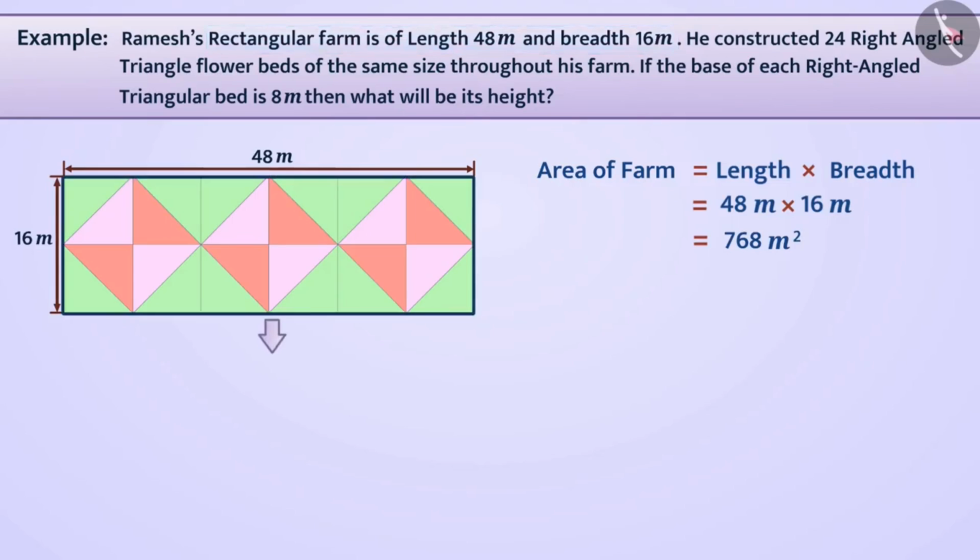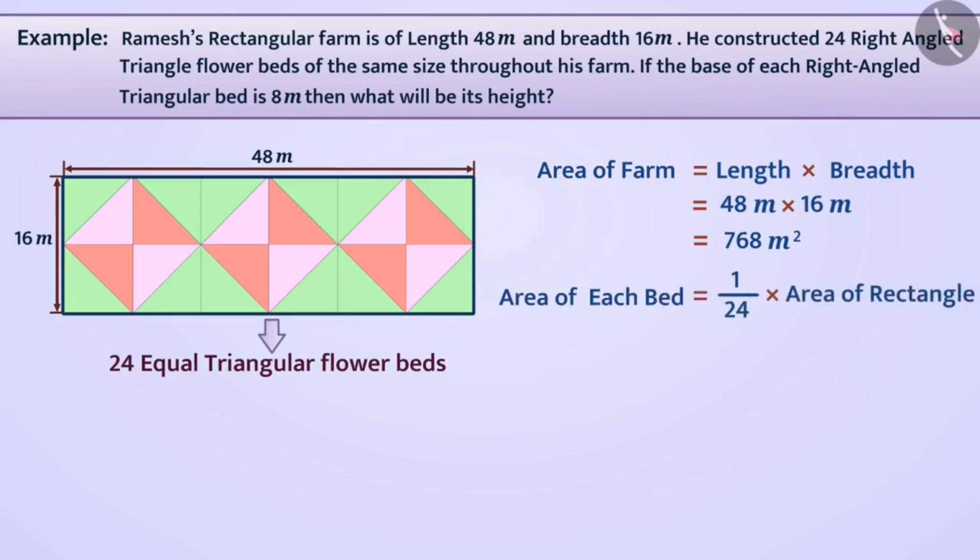This area is divided into 24 equal triangular flower beds. Therefore, we can say that the area of each bed will be 24th part of the rectangular area. That is, the area of each right-angled triangular bed is 768 square meter divided by 24 is equal to 32 square meter.